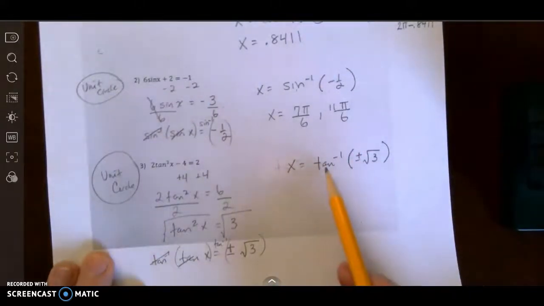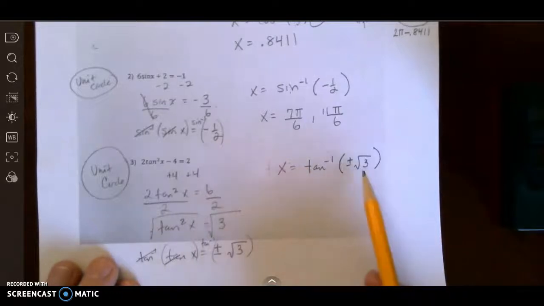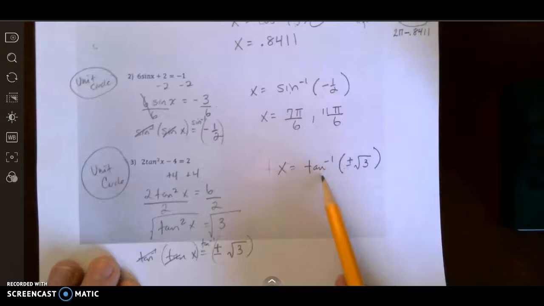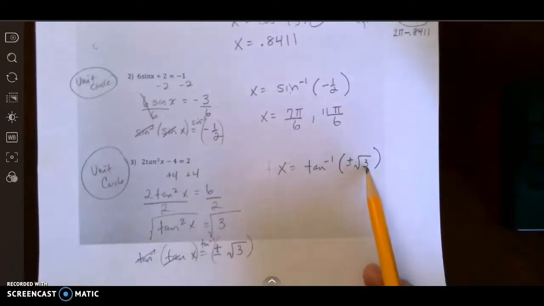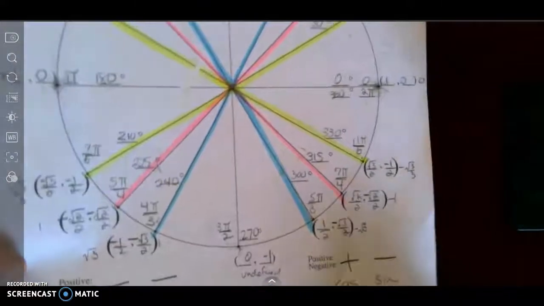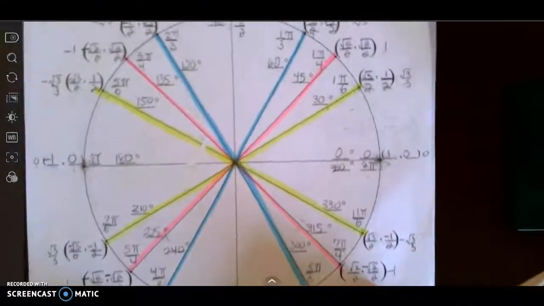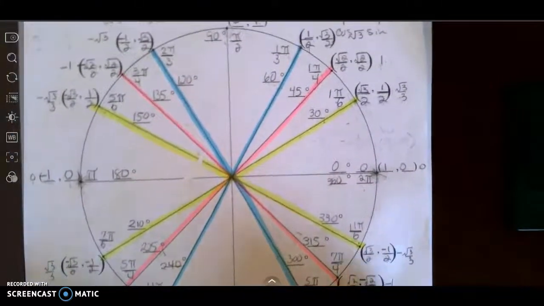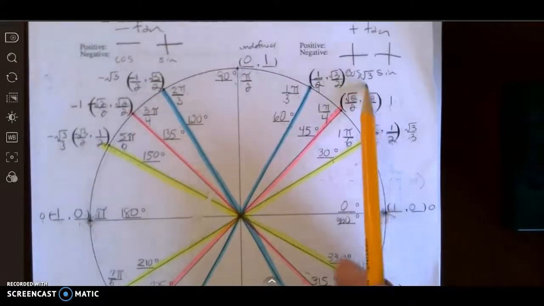So in other words, I want to know where the tangent is the square root of 3, whether it's positive or negative. So I want every possible time where the tangent has the number part being the square root of 3, whether it's positive or negative. And remember, I list my tangents on the outside of those ordered pairs. I start looking, and I realize, oh, there it is right there.